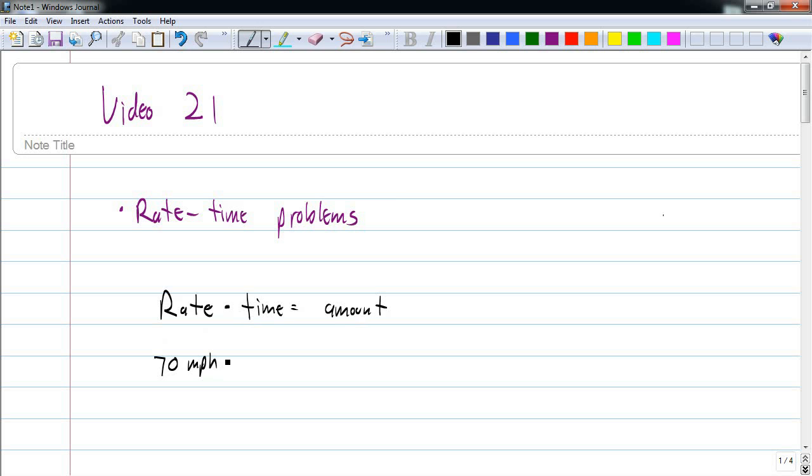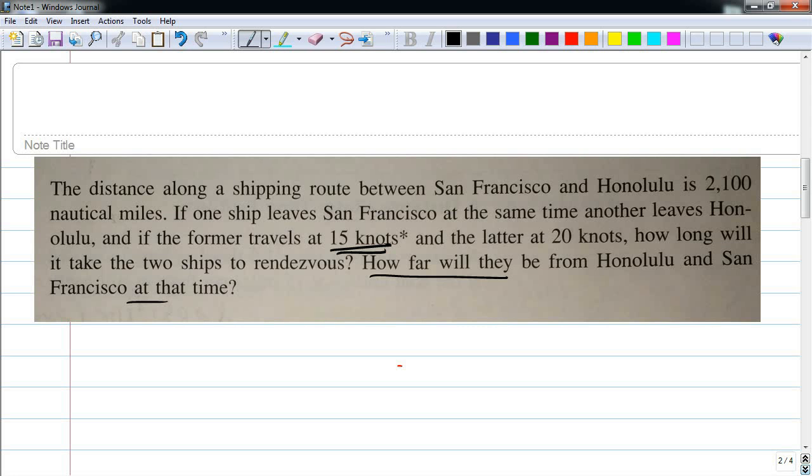That's my rate. And I travel for 2 hours. I will have traveled 140 miles. So I have rate times time equals some amount. Okay? So keeping this in mind, let's look at a few variations of this problem.